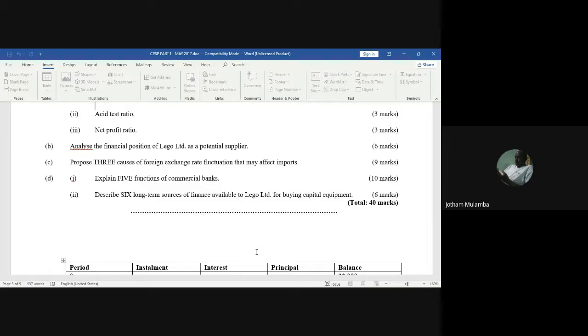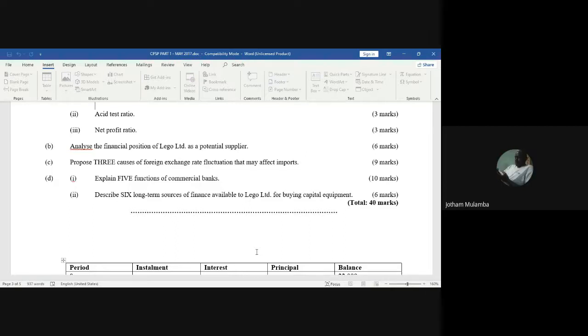Just for example, if the company wants to buy a tipper truck, how much does it cost? Maybe 2 million or 2.5. 8 million. Precisely, it's about 8 million.